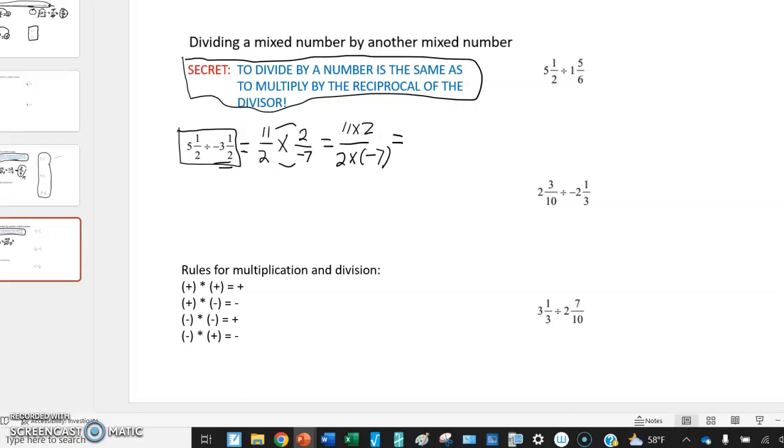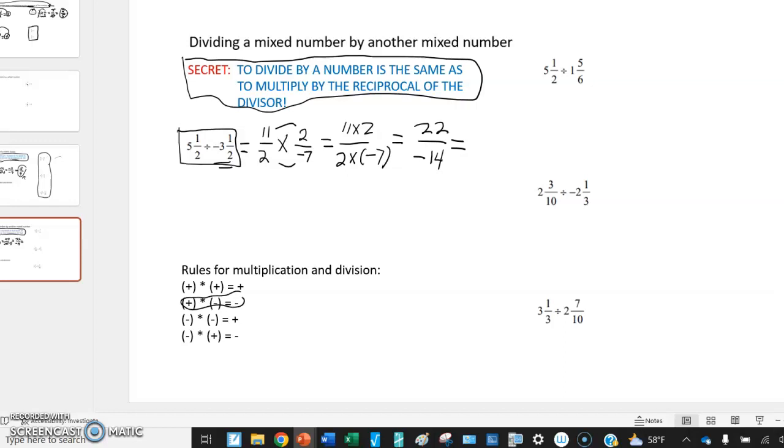This is going to give us what? 22 on top, divided by 2 times negative 7, which is negative 14. There you go. So now we can simplify this. Remember, the rule is positive times negative is negative.